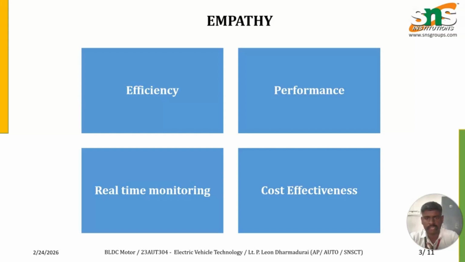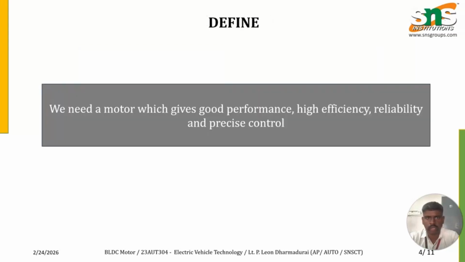And then the cost effectiveness. So we need to reduce the cost of the motor by optimizing the components in the motor. By considering all these things, we need a motor which gives good performance, high efficiency, reliability, and precise control.